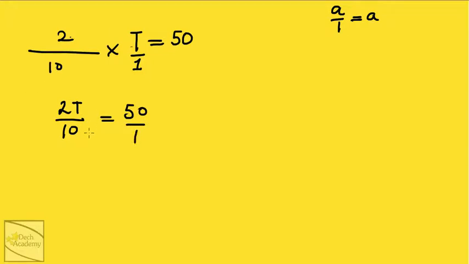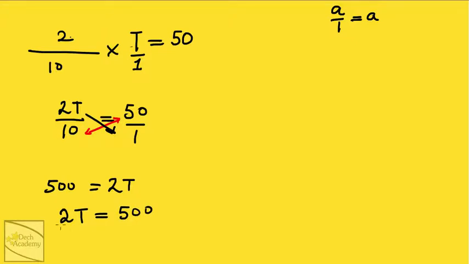So I'm just going to cross multiply. 10 times 50 is 500, and that's equal to 2t times 1, which is 2t. Anything times 1 is itself. So 500 is equal to 2t is the same thing as 2t is equal to 500. Now I'm going to divide both sides by 2 because I'm looking for t.